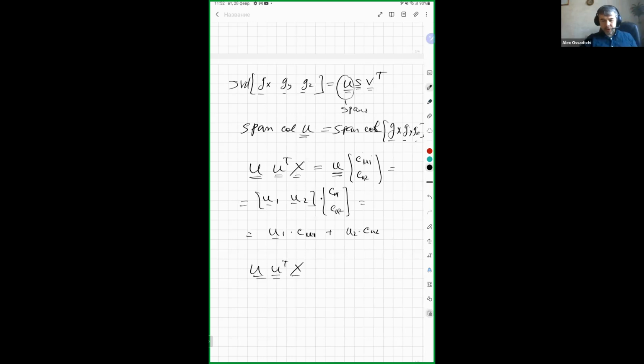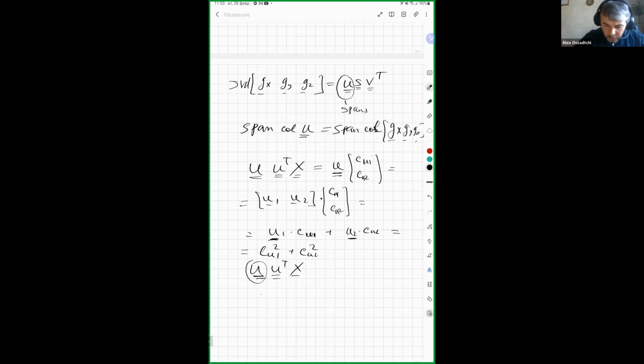You are interested in measuring the length of this vector. Because these basis vectors have unit length, the length of this projection is equal to CU1 squared plus CU2 squared. Agreed?